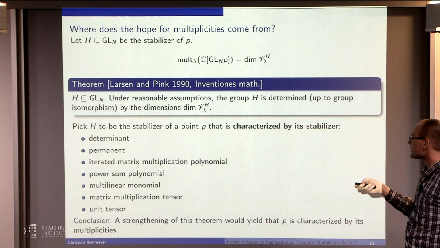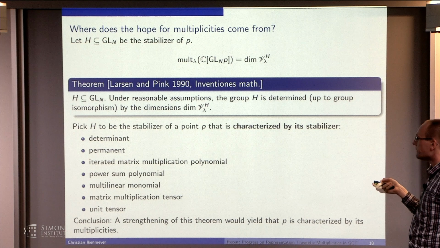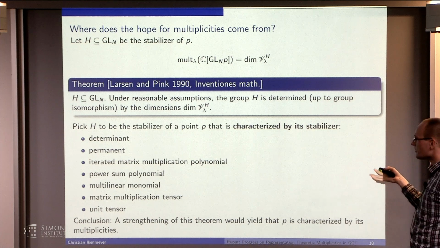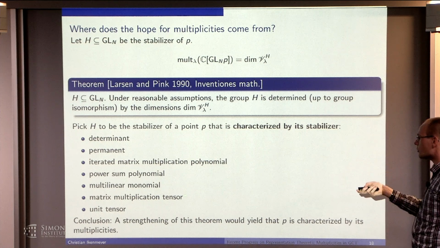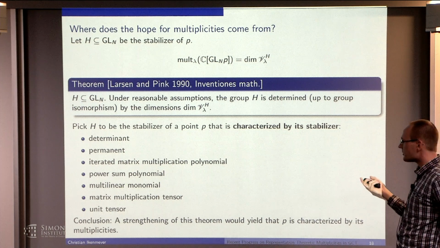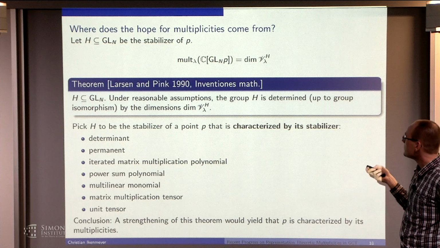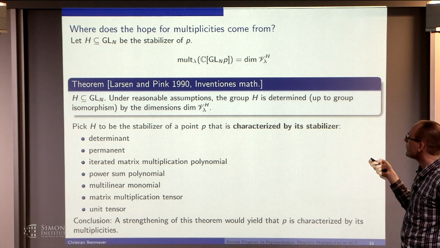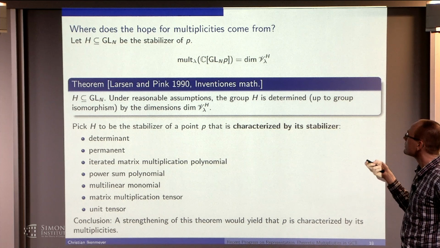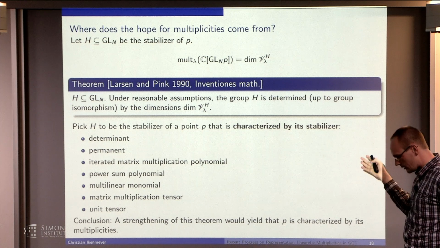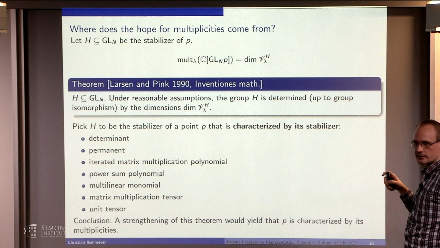So for example, if you are studying orbit closures of objects like determinant, permanent, algebraic matrix multiplication, or power sum, or the monomial, or matrix multiplication tensor, or unit tensor, they are all characterized by their stabilizer. So this means that if you know all the dimensions for these objects, then all these multiplicities will characterize your object.